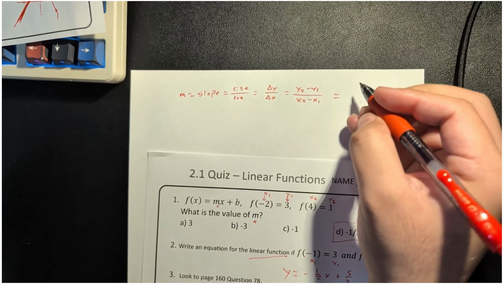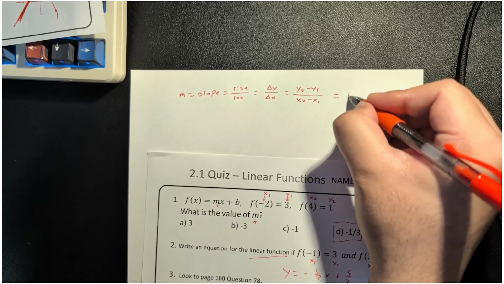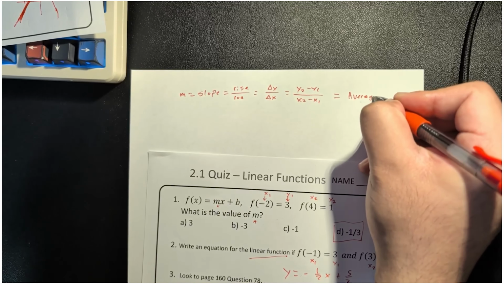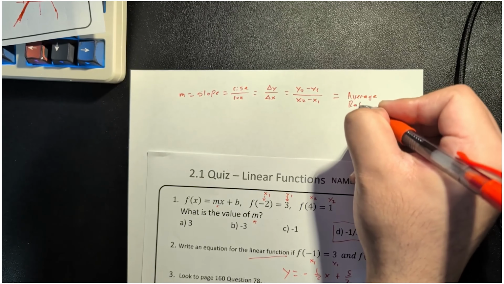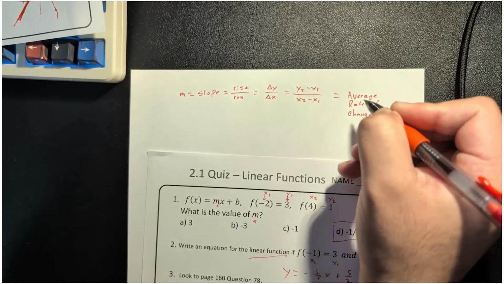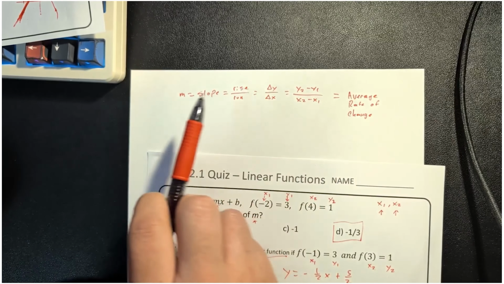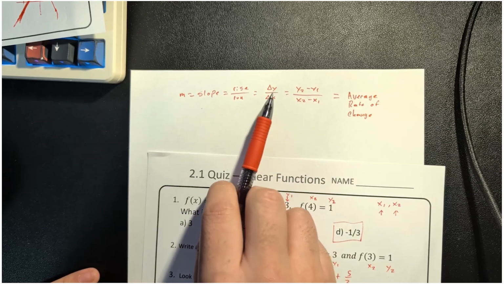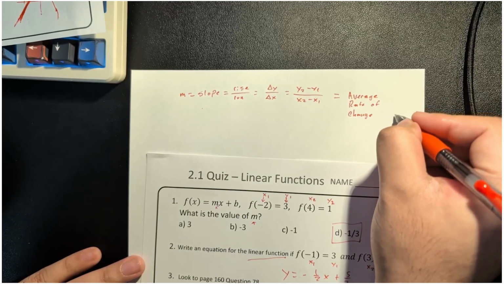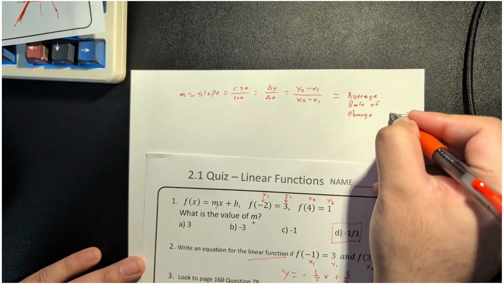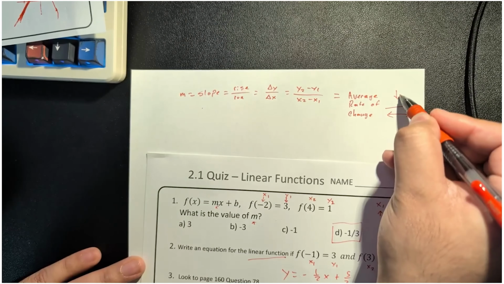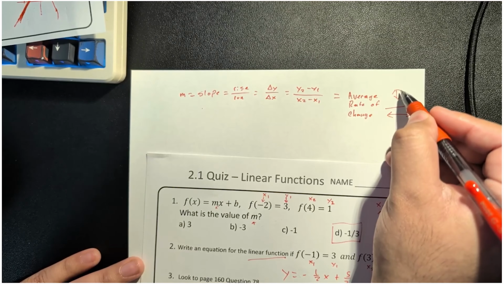And this is what we call our average rate of change. They all mean the same thing. Average rate of change, slope, m, rise over run, delta y, delta x. It's how does your graph change going left to right over your delta y.